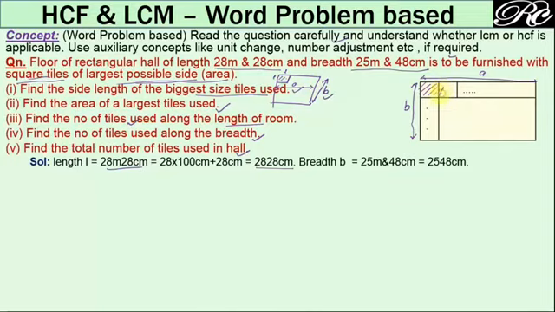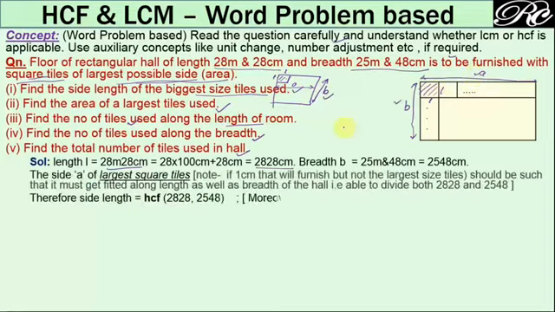If L be the side length of this tile, then the side length L will be the HCF of A and B. Therefore, the explanation is written here. Therefore, the side length will be the HCF of these two.